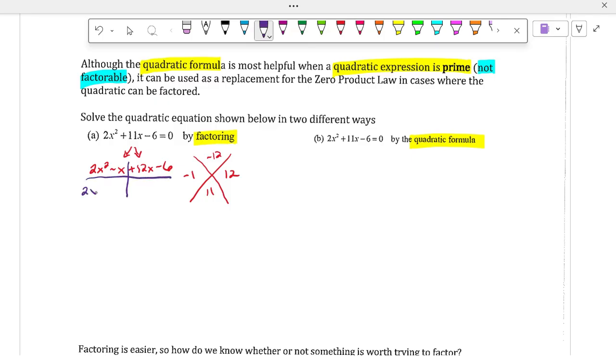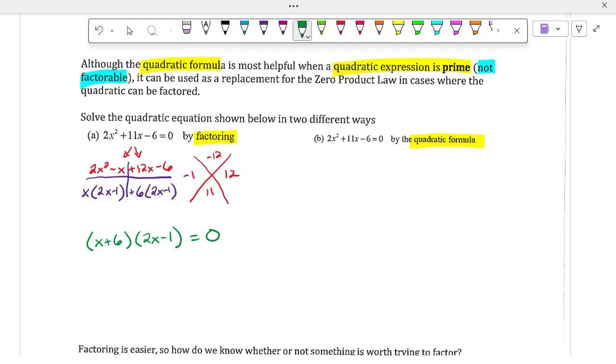So this would be x times 2x minus 1 plus 6 times 2x minus 1. So what are my two factors? x plus 6 and 2x minus 1.